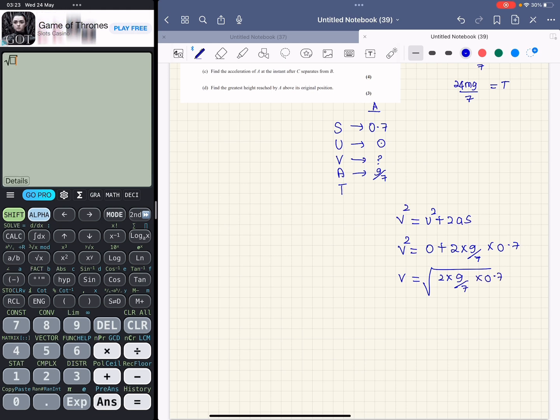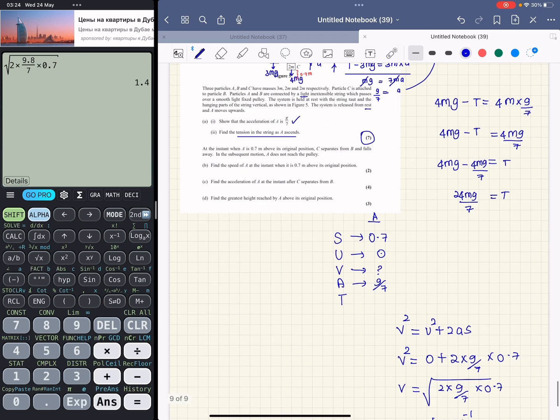So v is equal to the square root of 2 times g over 7 times 0.7. So the square root of 2 times 9.8 for g over 7 times 0.7, which is 1.4.